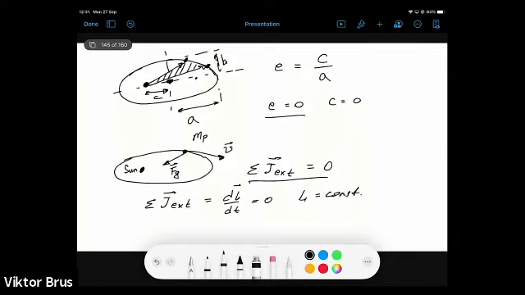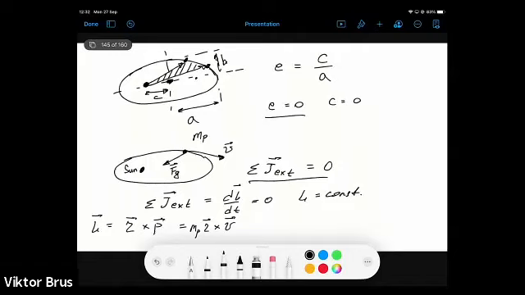So now we also remember that angular momentum is equal to the vector product of the radius vector and the linear momentum vector. So it will be equal to the radius vector times, we can put the mass here, the mass of the planet as a scalar. We can take it out from the vector product, and here will be the velocity vector product.